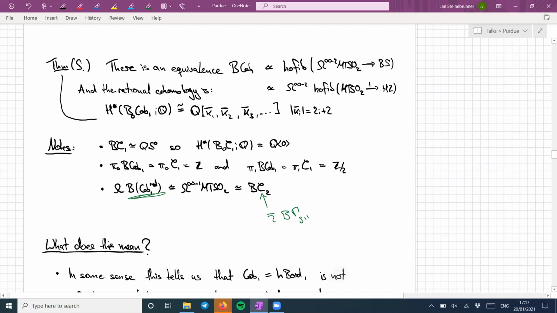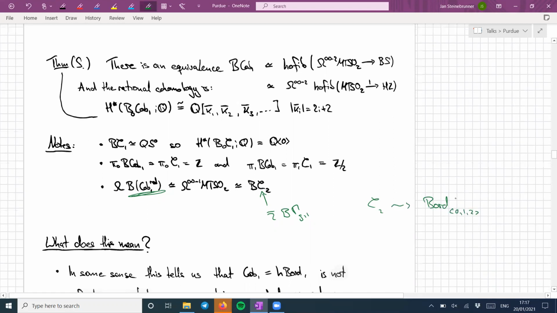If, instead of C2, you look at board 0, 1, 2, this is an infinity 2 category where I start out with points, my one-morphisms are one-dimensional bordisms, and my two-morphisms are surfaces with corners. Then this has the same classifying space, but once looped.